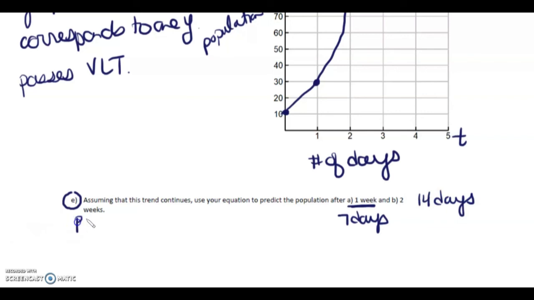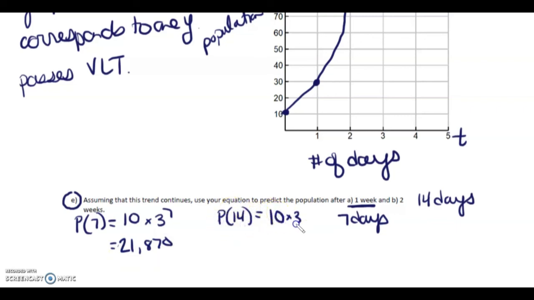So what's the population at 7 days? 10 times 3 to the 7. When we put it in our calculators, we get 21,870. Now, what's the population at 14 days? So the population at 14 days is 10 times 3 to the 14, and we get 47,829,690.